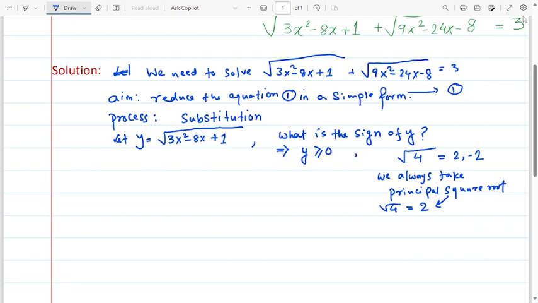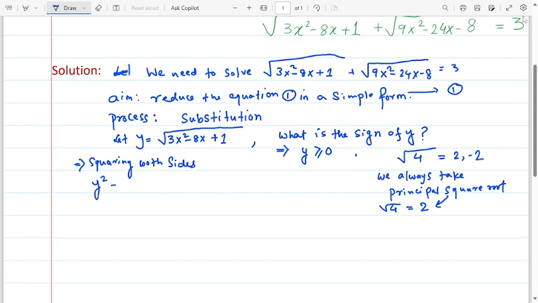Okay, suppose we have y greater than or equal to 0 and y equal to this one. So now we want to remove the square root. What will we do? Yes, squaring both sides of the equation. Squaring both sides, what will we get?